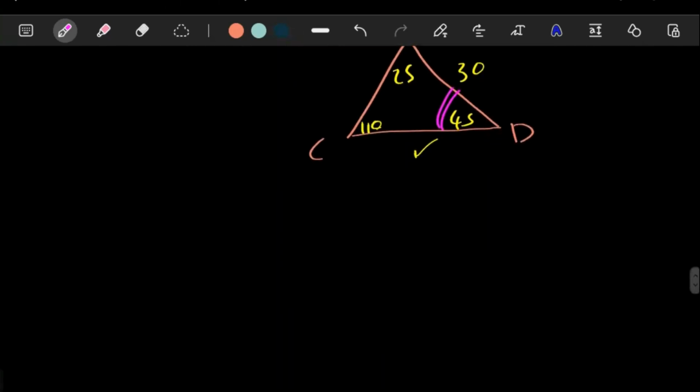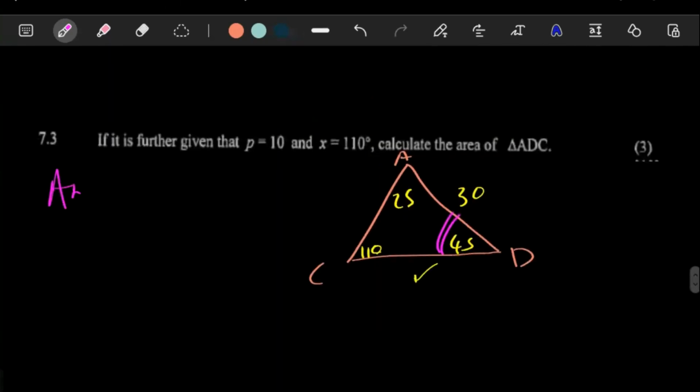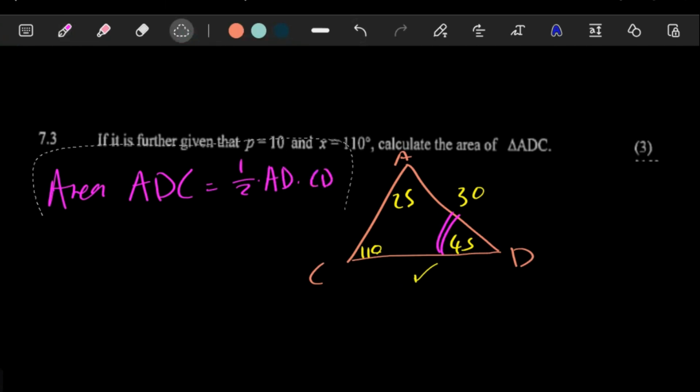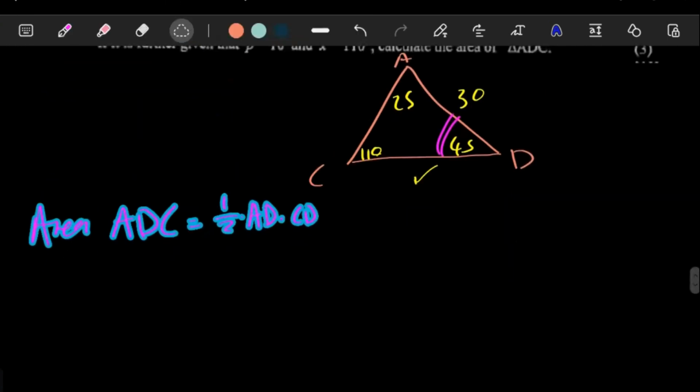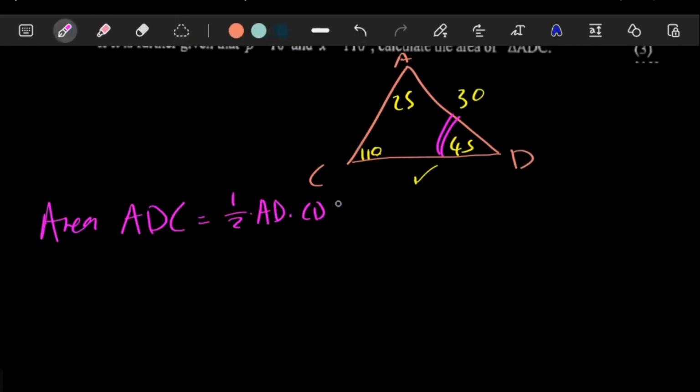The area of ADC is equal to half, one of the sides is AD, the other side is CD, and then the angle in the middle is sine 45. So that's like sine D.